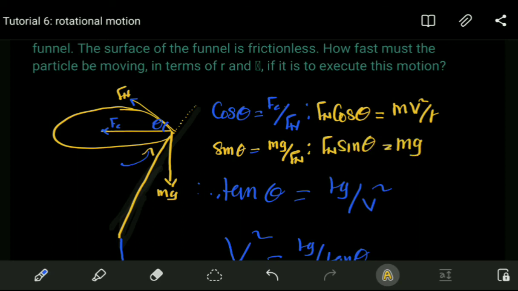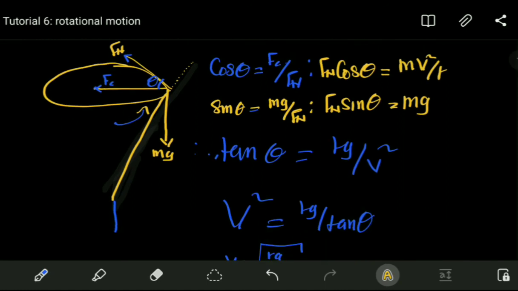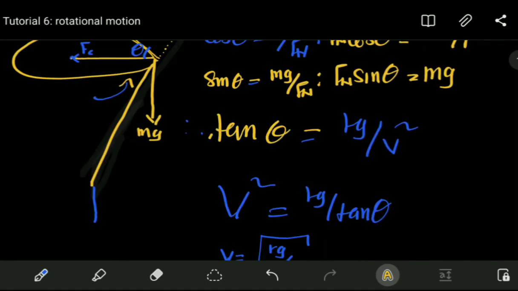Since we are finding the speed in terms of r and theta, we divide the second equation by the first, and we get tan theta equals rg over v squared.